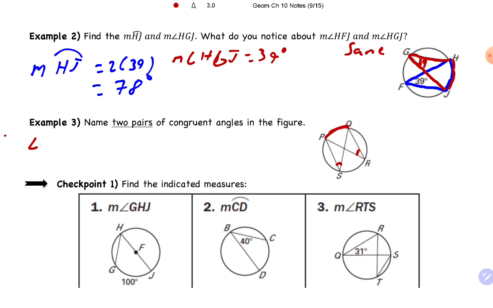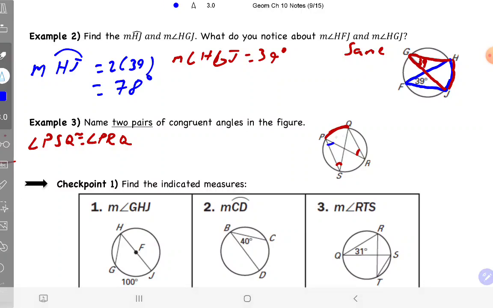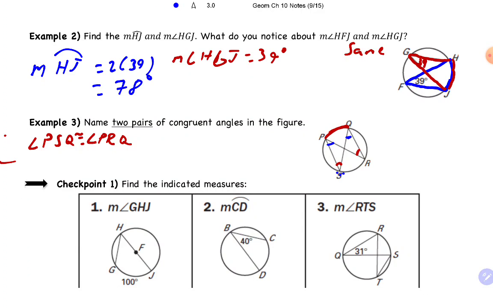So angle PSQ is congruent to angle PRQ. And the other pair of angles are these ones, because they both intercept this same arc. So angle SPR is congruent to angle SQR.